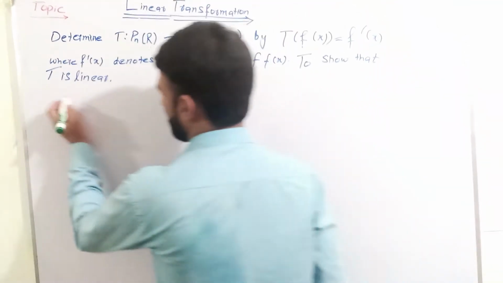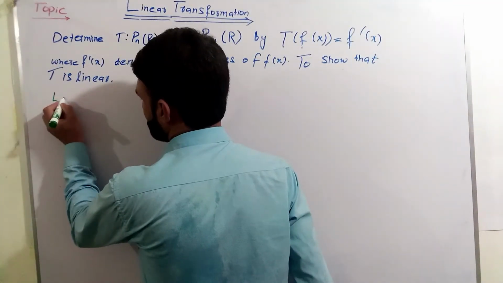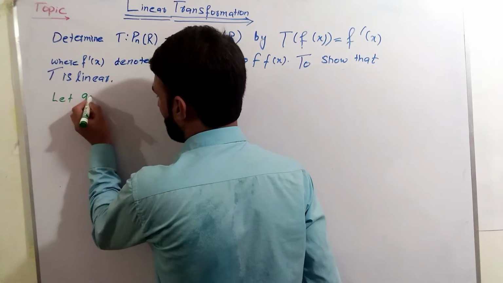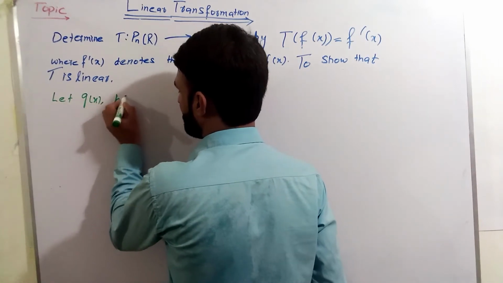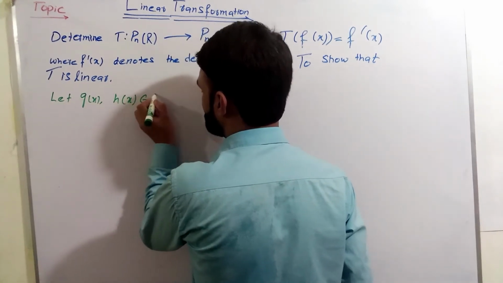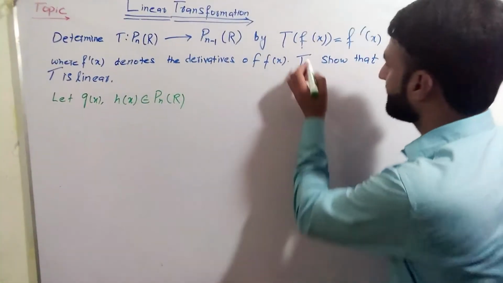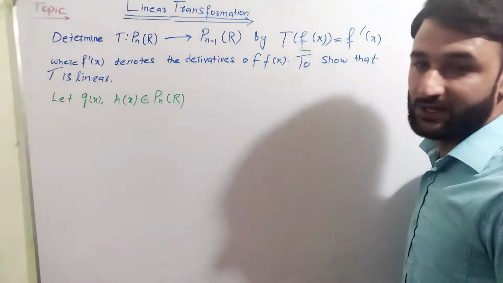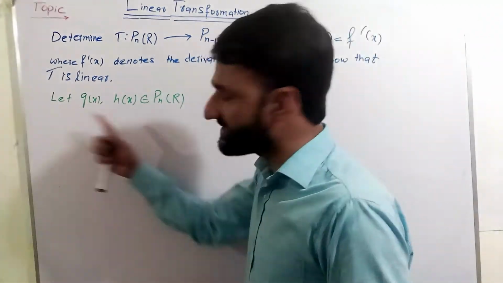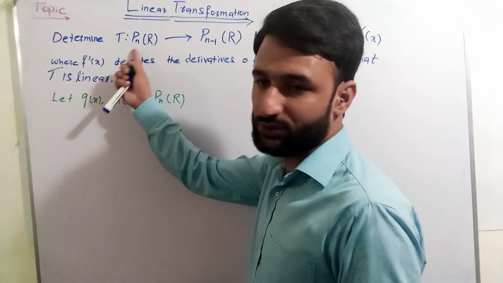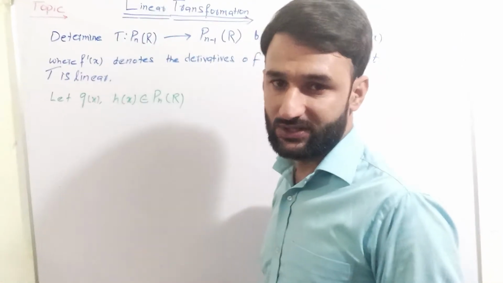So for the first property, let g of x, h of x belong to Pn. The reason is that we have defined a function type transformation, so we choose functions related to these polynomials.